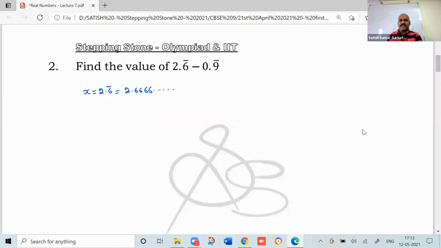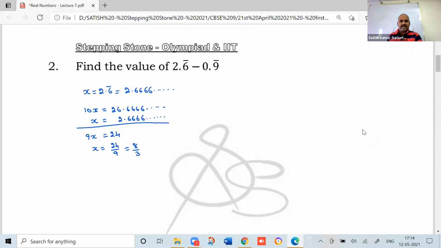Because only one digit is repeated, multiply with 10. So 10x equal to 26.666 and so on. Now subtract x, 2.6666 and so on. So 9x equal to 26 minus 2, so 24. So x equal to 24 upon 9, or 8 by 3.